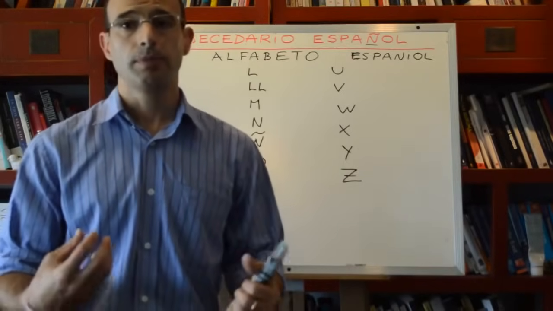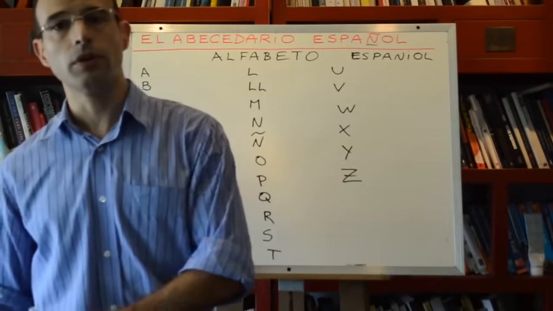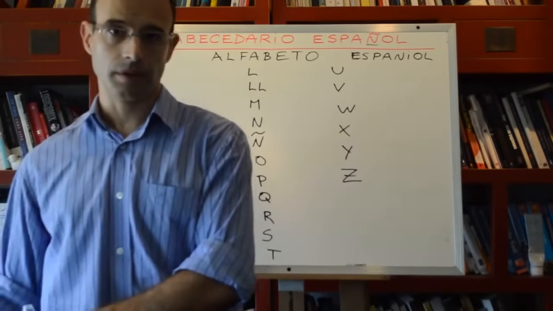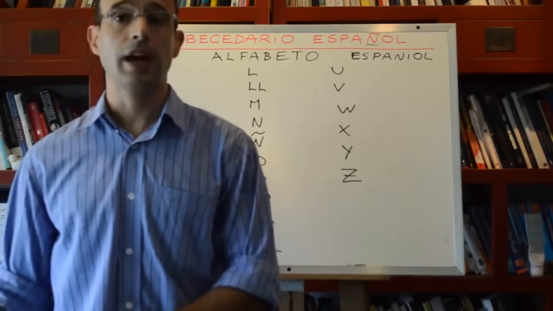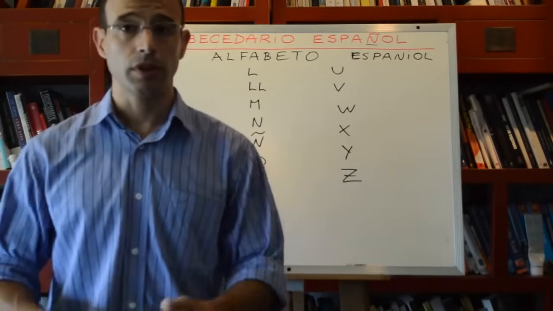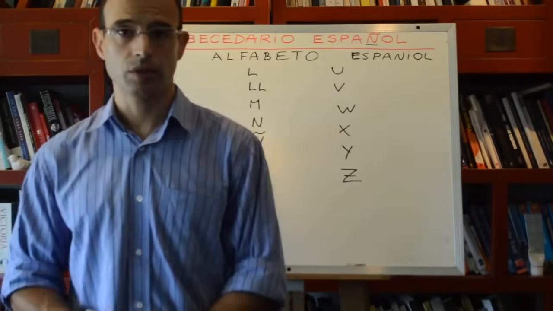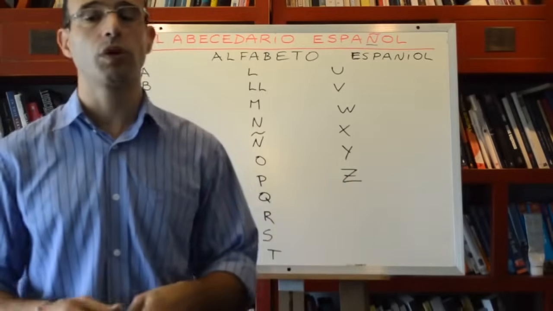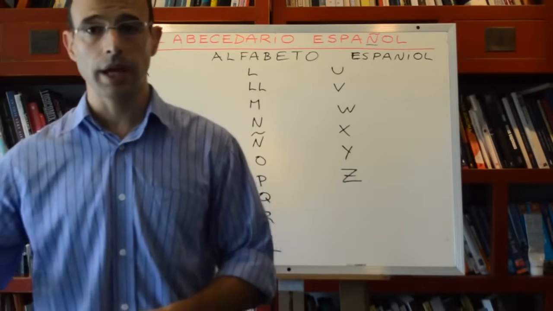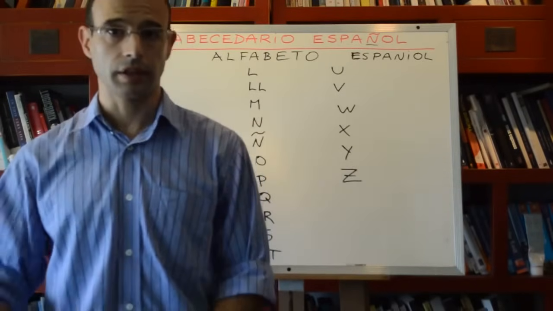Spanish comes from Spain, or the Kingdom of Spain, which has more than one official language. The main language is Castilian Spanish, which is spoken in most of Spain and in all Latin America, except Brazil, I guess.